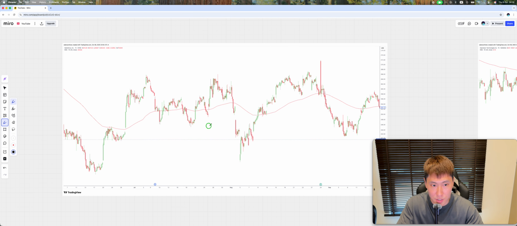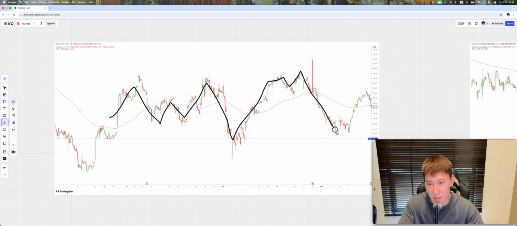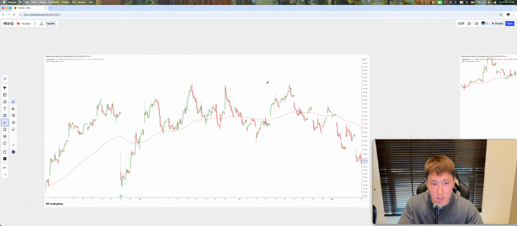So another example, still the same Salesforce. The red line is the EMA 20. It's not above the EMA 20 nor below. The price action has been choppy for the past many days or so. So for this case, it's a no entry as well, right? So for this one, it's clear. This is Snowflake.